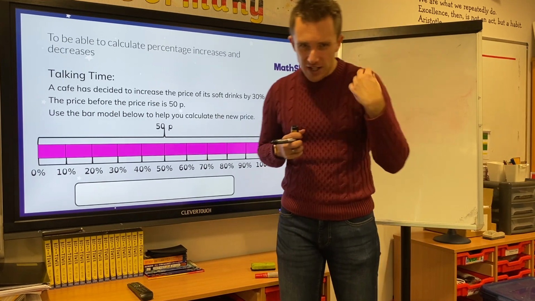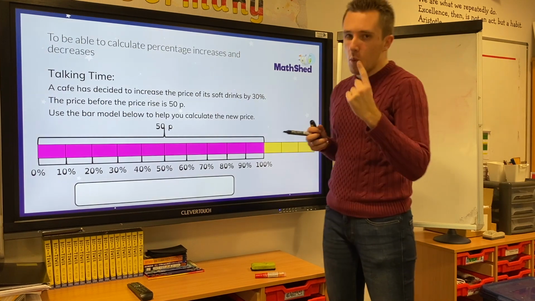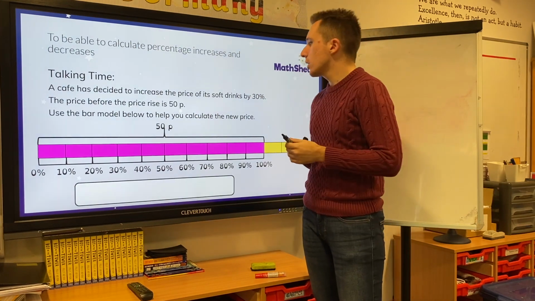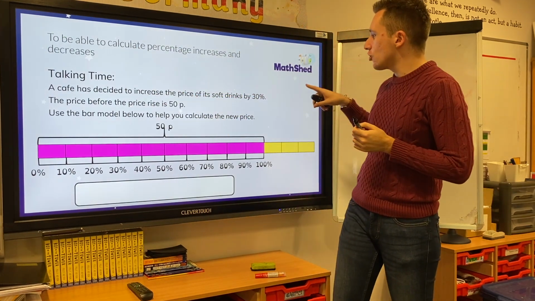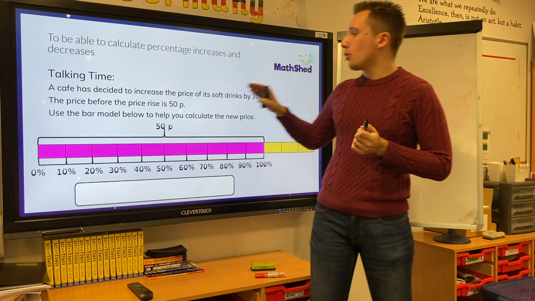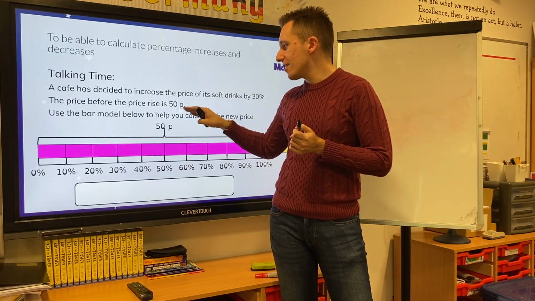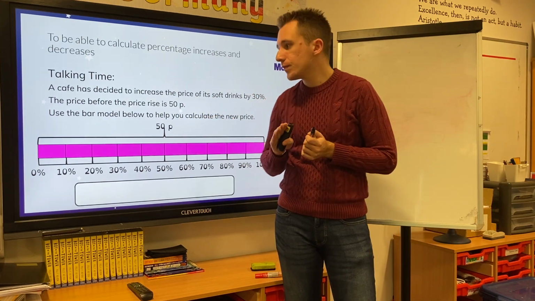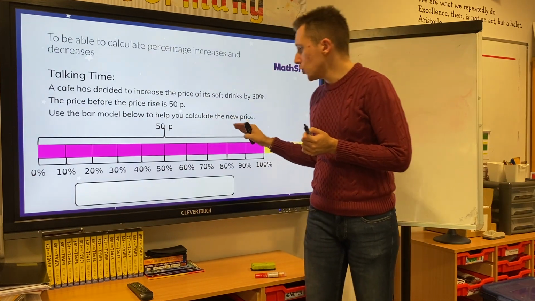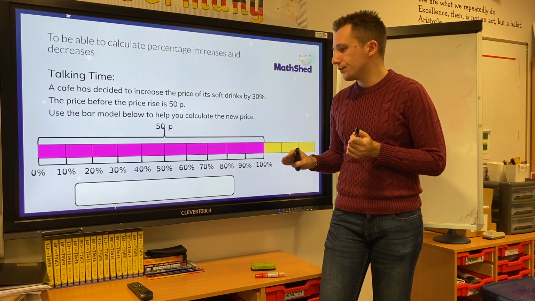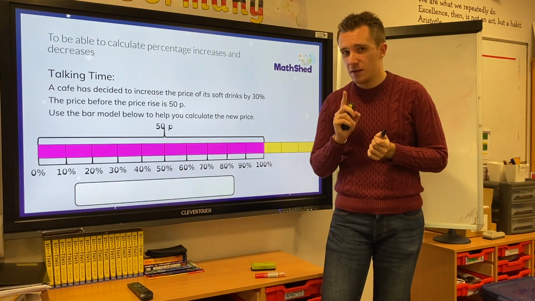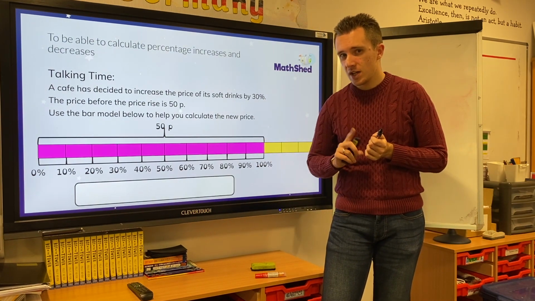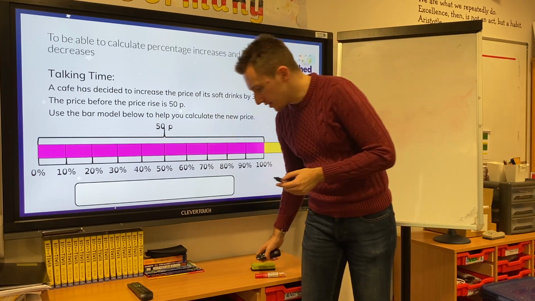This one here, I'm hoping you're getting the pattern by now. Step 1 followed by step 2. So, a cafe has decided to increase the price of its soft drinks by 30%. The price before the rise is 50p. Use the bar model to work out the new price. Step 1, we need to find 30%. How do we find 30%?